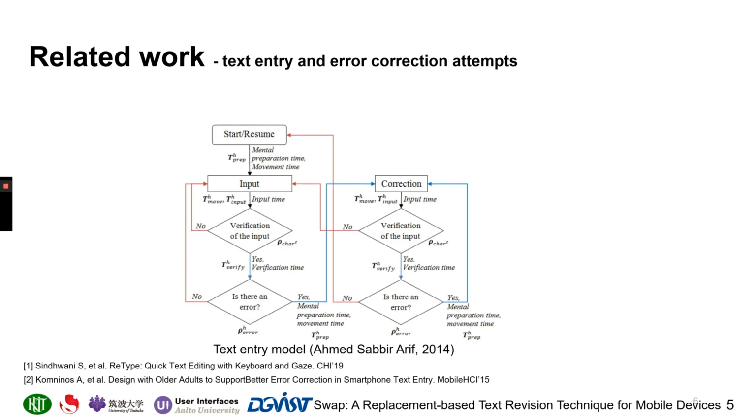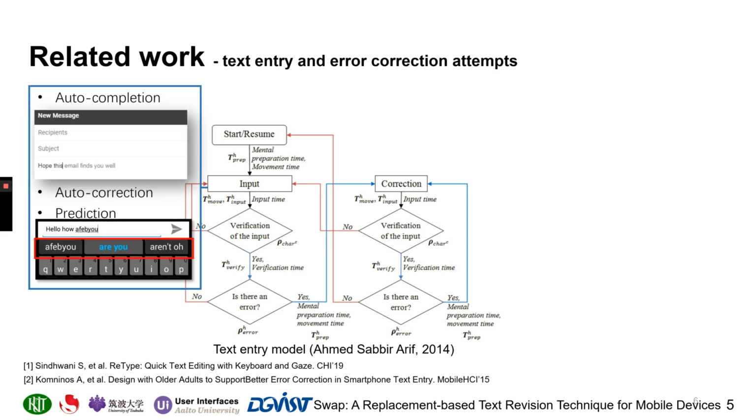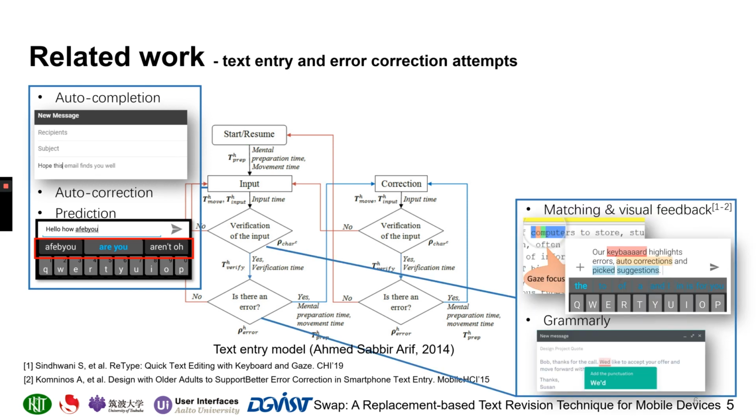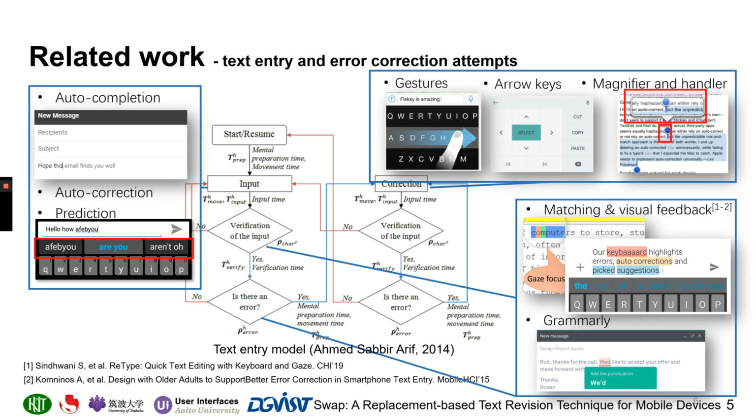For further understanding of typing behavior, Arif proposed a model to describe the text entry process and divide it into multiple steps. For enhancing error correction efficiency, researchers focus on a specific step and design techniques accordingly, such as auto-aids, prediction lists, matching mechanisms, gestures, and magnifiers.